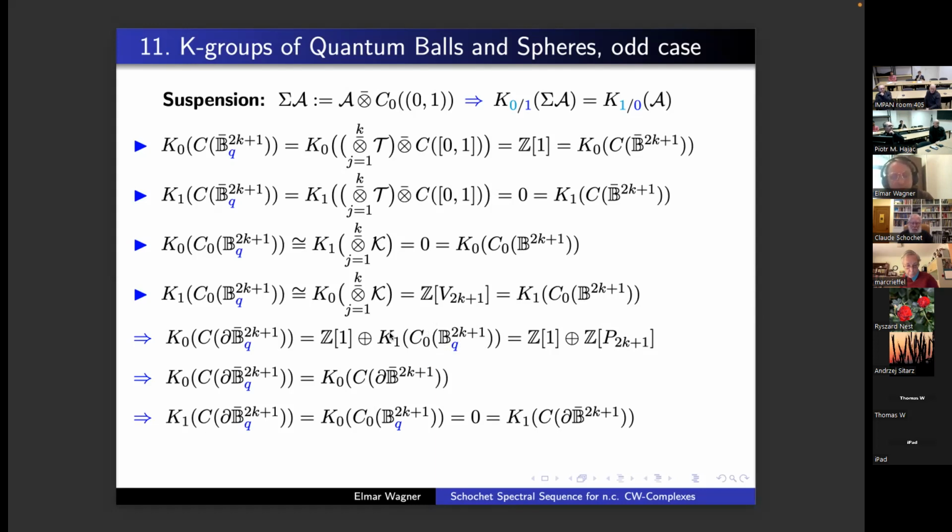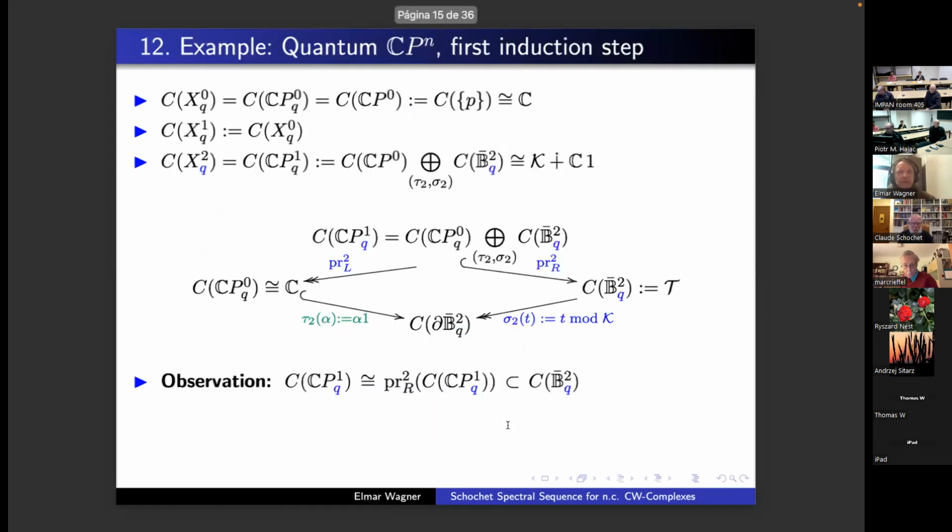So the connecting homomorphism of K1 produces these projections. That's what I wanted to do. This is putting in K1. So for the rest, K0 is classical, K1 is 0 classically. So our tensor products of doublets and with an interval work as examples for balls, spheres, and the inside.